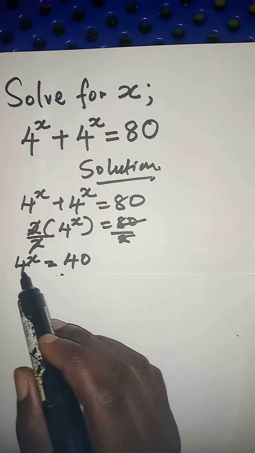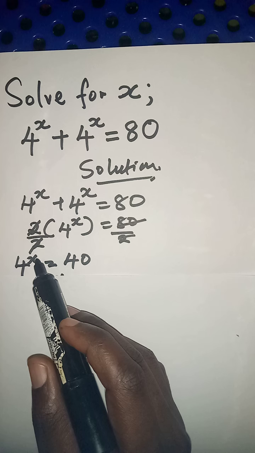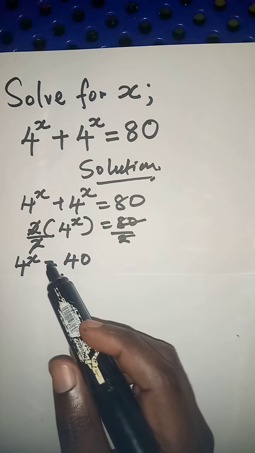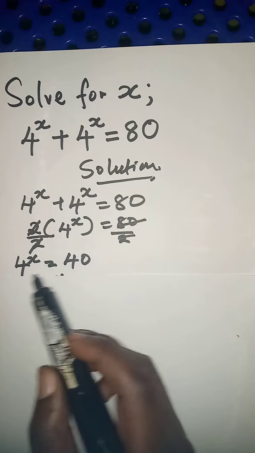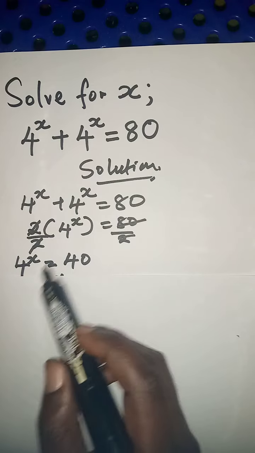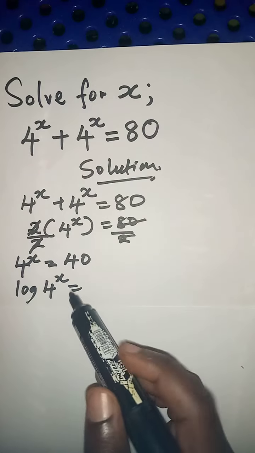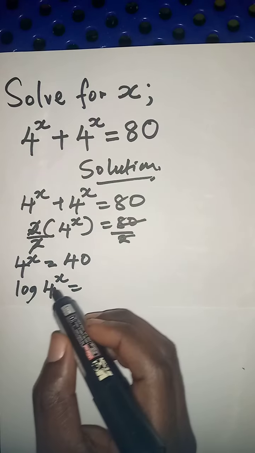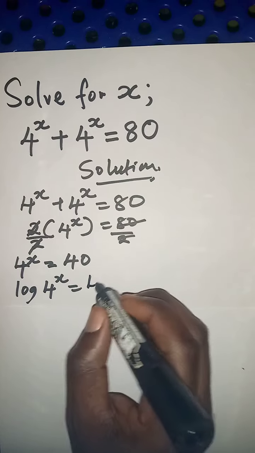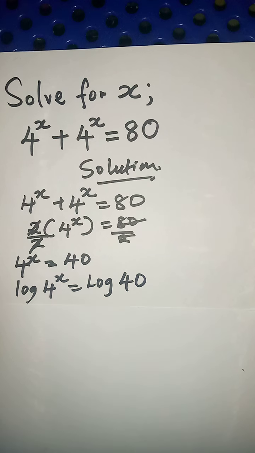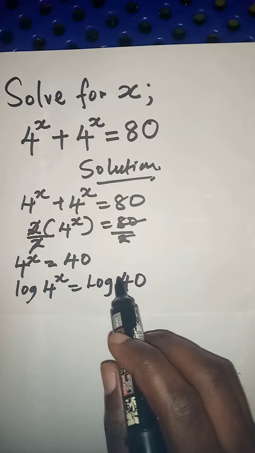So when I have 4 raised to x and x is an unknown power, the best approach that I'm going to take is to introduce the logarithms or the natural logs on both sides of this equation, so that I have the log of 4 raised to x equals the log of 40. I've just introduced the natural log on both sides of this equation.